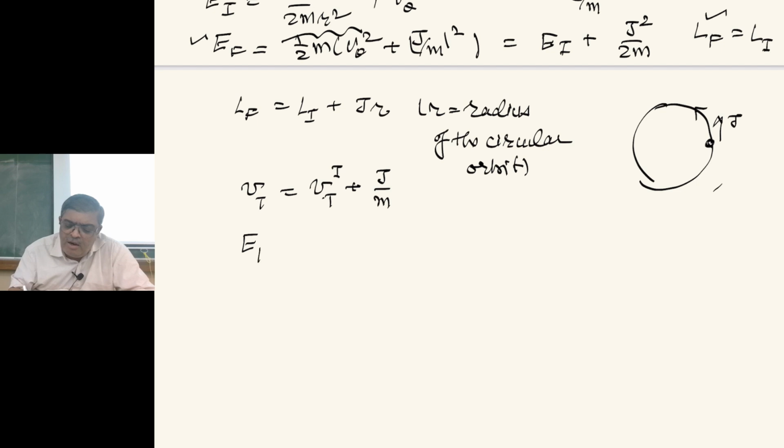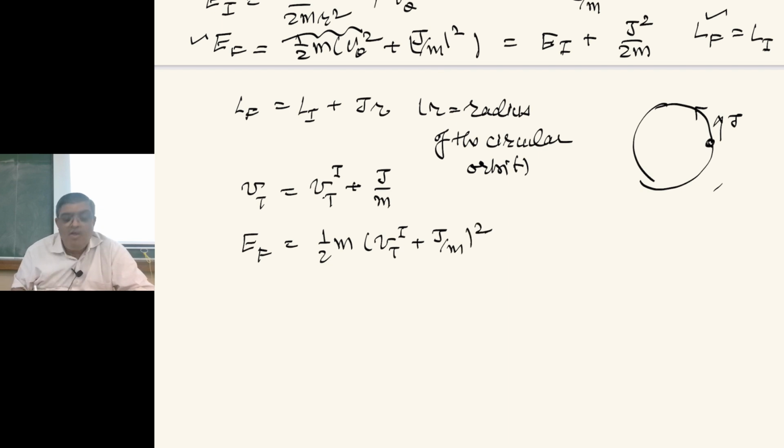E final is going to be equal to 1 half m into the initial tangential velocity plus J by m, whole squared. So I can calculate E_F and I know L_F, and again I find out what kind of trajectory I can get. Mass will not change.